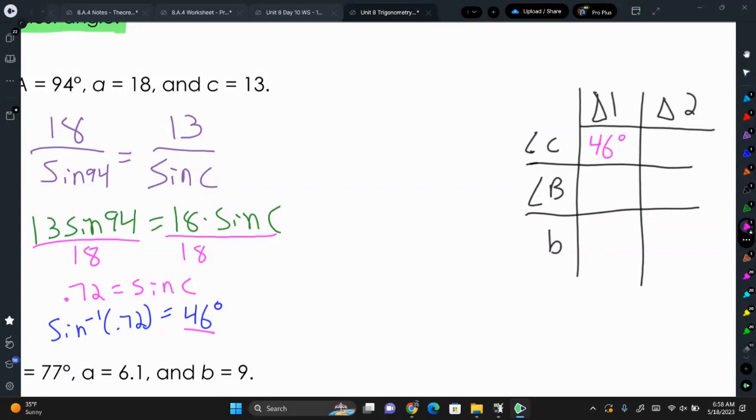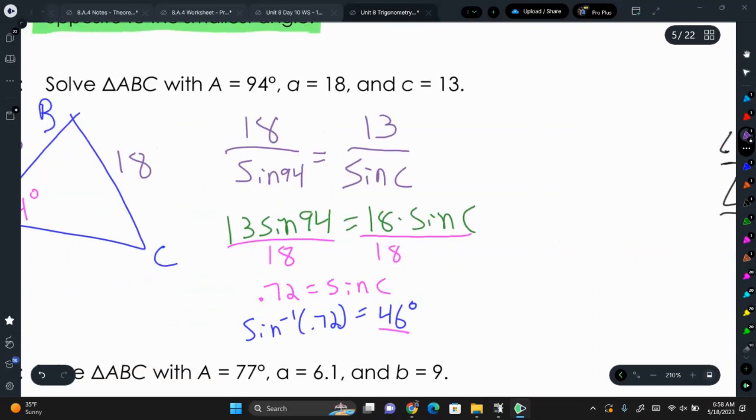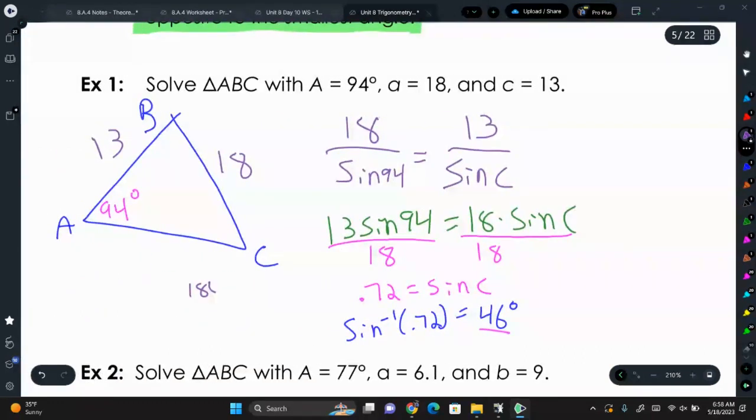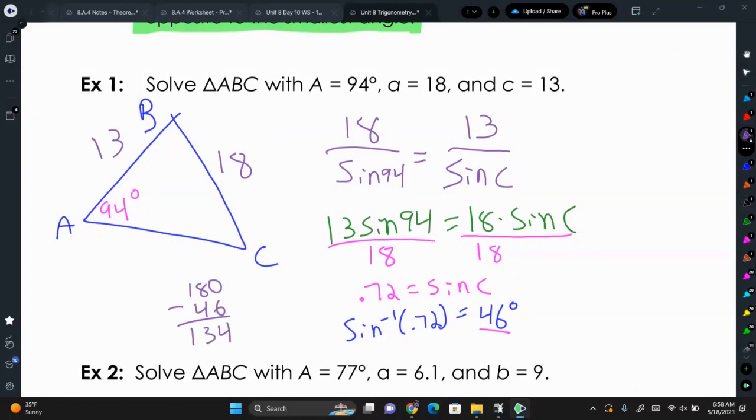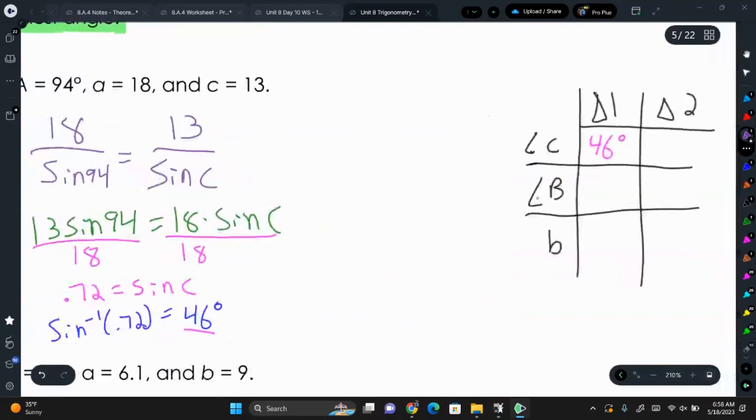Now to get the other triangle, we need to do 180 minus 46, and that gives us 134. These two should add up to 180.